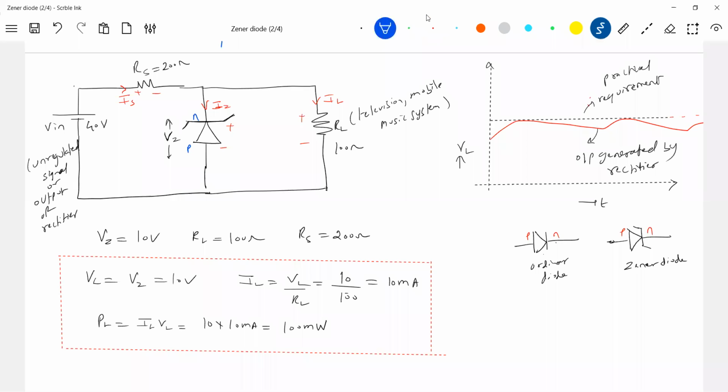Then the load current is 10 by 100, that is 0.1, 100 milliampere? Yes, sir. Then the power is 1000 milliwatt. The power must be constant.